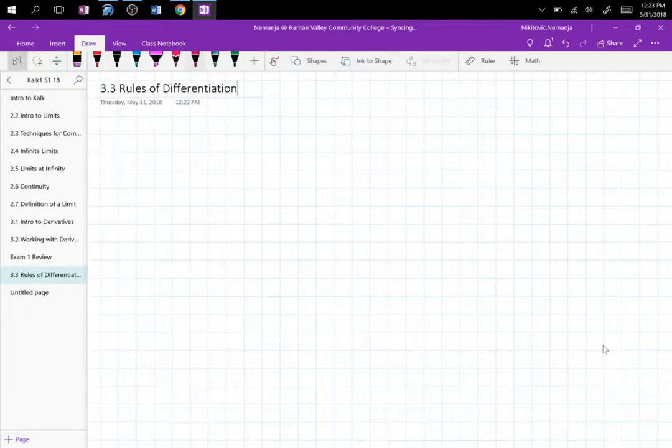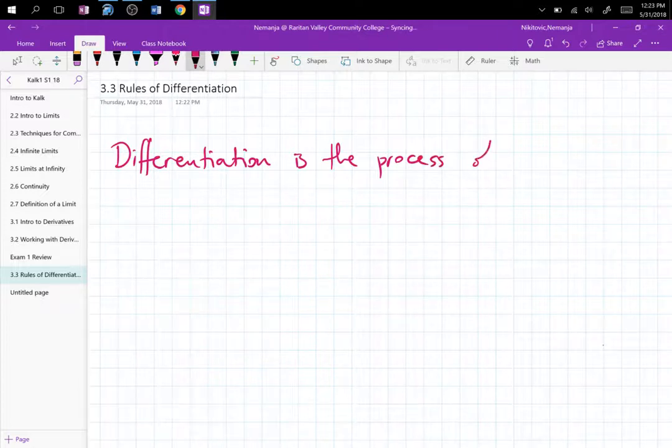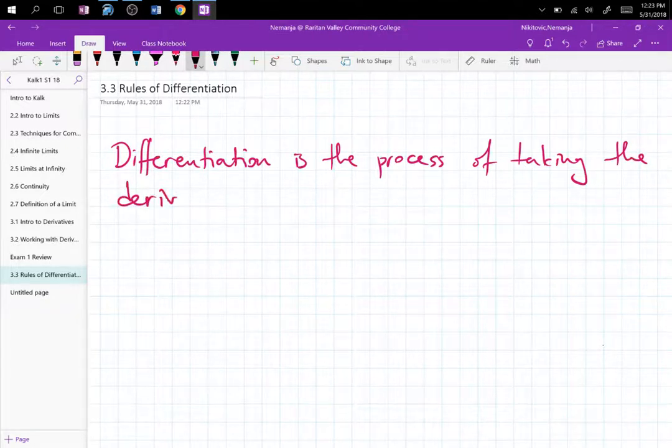So the first thing of the day is that differentiation is the process of taking the derivative of the function.